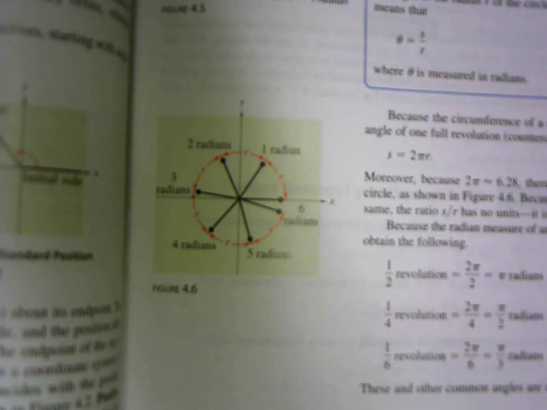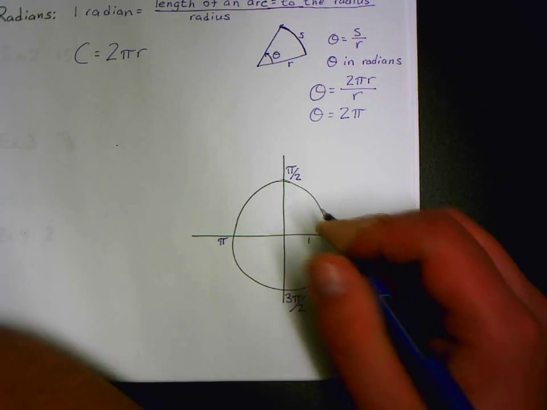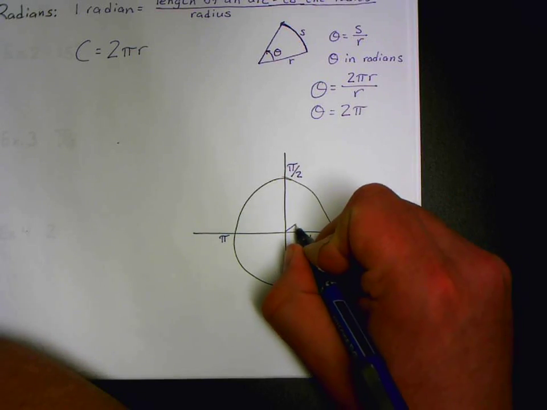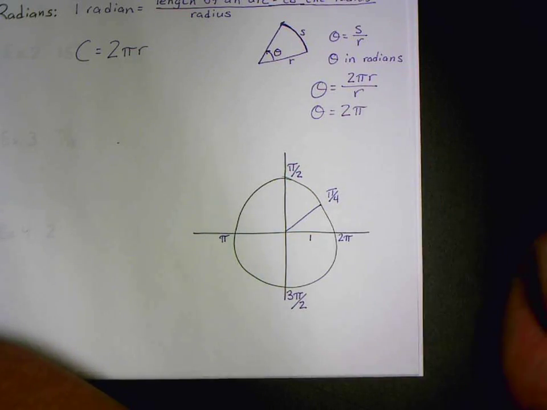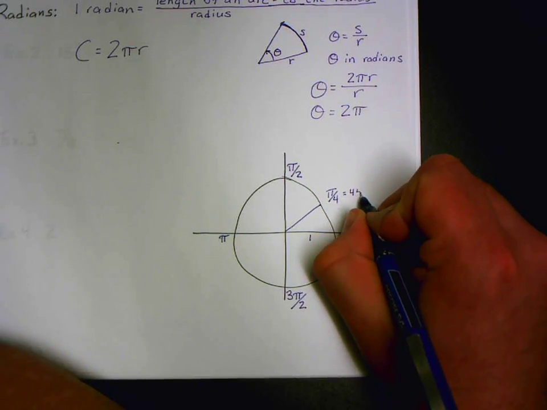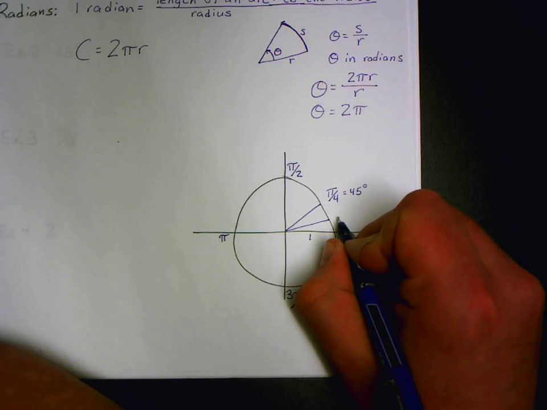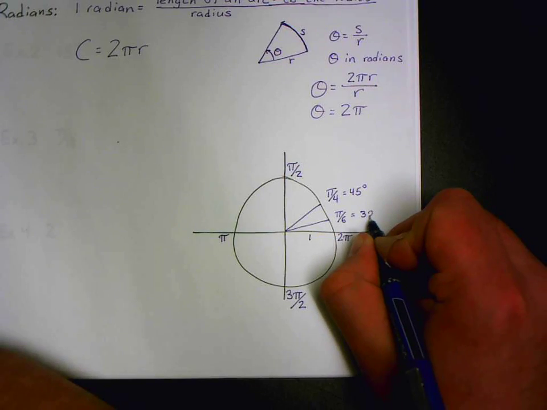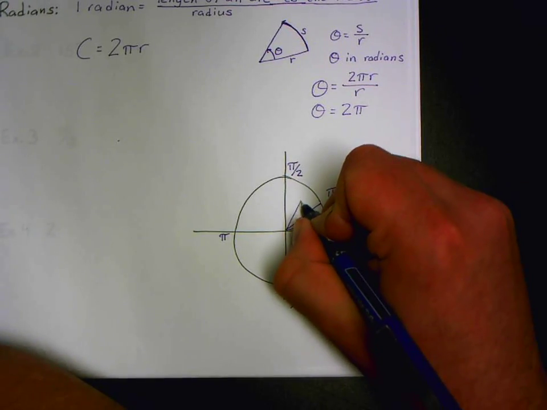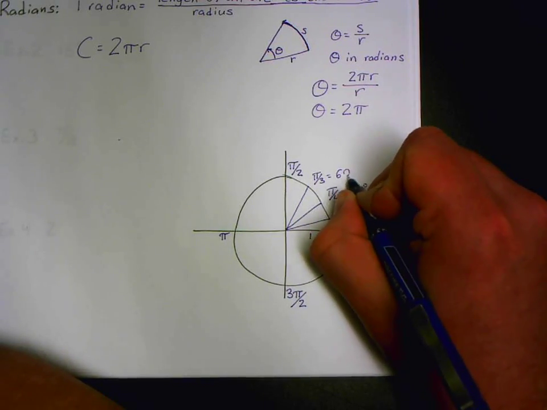They don't do us any good. Some other important ones. 45 degrees corresponds to pi over 4. Pi over 6 corresponds to 30 degrees. Pi over 3 corresponds to 60 degrees.